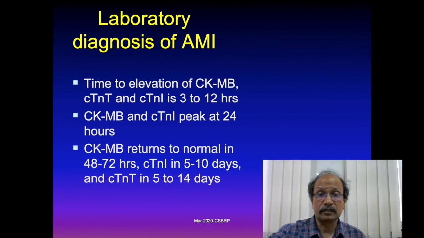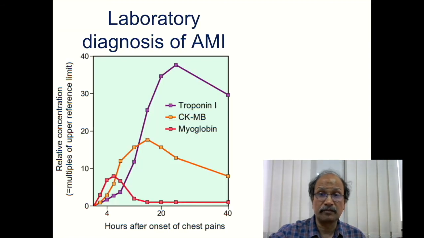And you can see the diagrammatic representation of myoglobin, CKMB, and troponin I. Troponin I and CKMB simultaneously start rising, but notice the red one, represented by myoglobin, which is the earliest marker. Within half an hour it starts rising, but unfortunately it is not a very specific marker of myocardial infarction.